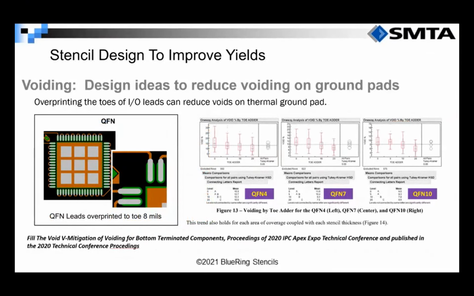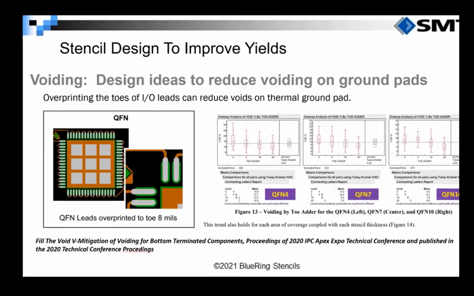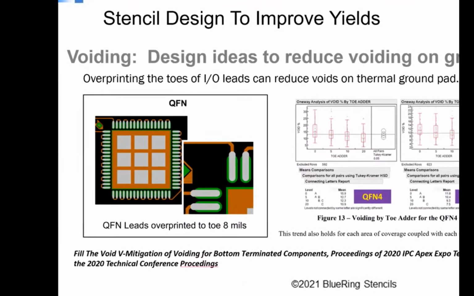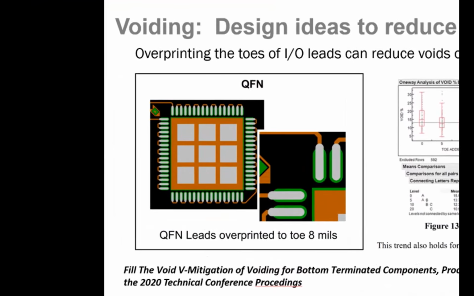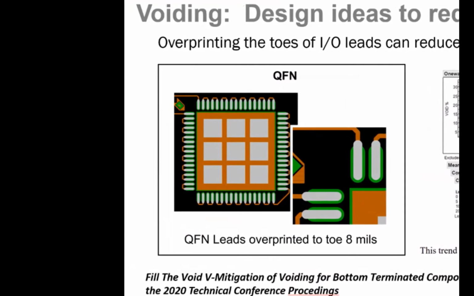Now sometimes that standard window pane void percentage is just not low enough for your customer. So from a stencil design, we wanted to understand what else we could do. Last year we presented a paper that explored the relationship of overprinting the toe of the I/O pads to the voiding percentage of the ground pad.